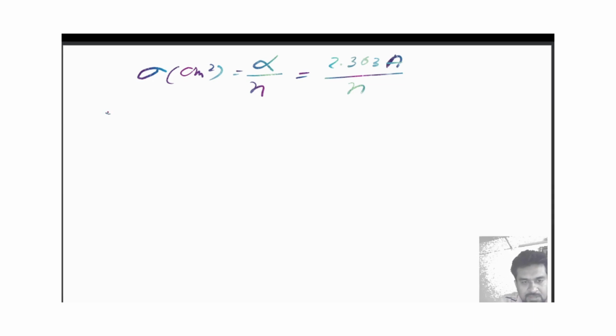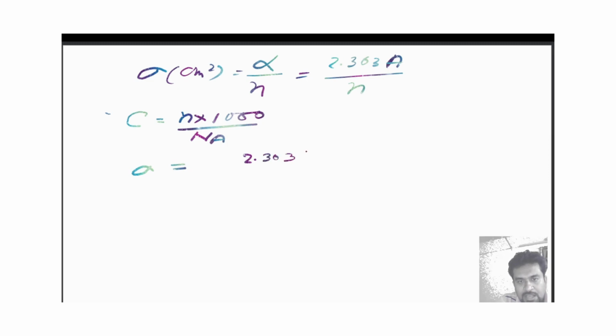So it is related to the actual concentration by the formula C equal to N into 1000 divided by Na.